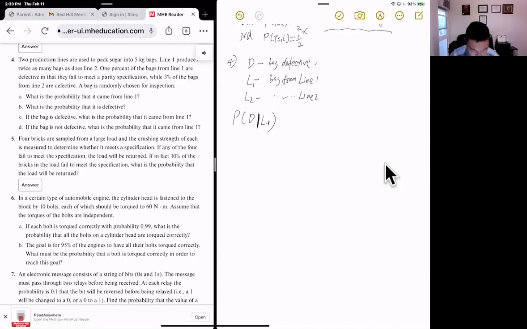The question also tells us 3% of the bags from line 2 are defective. So that is P(defective given it comes from line 2), which is 3/100.